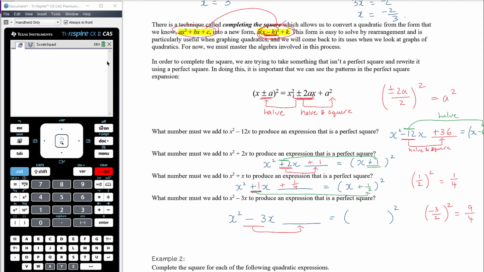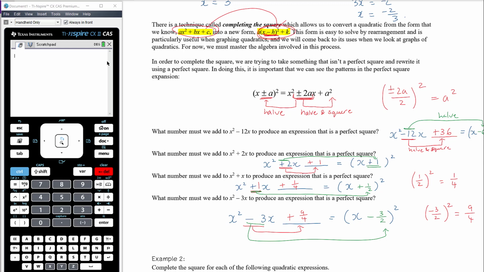So we're adding 9 on 4, and that's a perfect square. x squared minus 3x plus 9 on 4 is a perfect square. All right, and then we want to take our negative 3, not negative 3x, just the negative 3, and halve that, so minus 3 on 2, to work out what's going to go in here. So x minus 3 on 2 all squared is that perfect square.